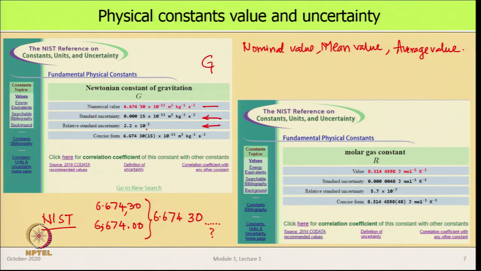And if you have to express this as a percentage, we multiply it by 100, that gives you 10 to the power minus 3, and this tells you that the relative standard uncertainty is 0.0022%, which by all practical means, compared to everything that we see in daily life, is negligibly small, very, very small.